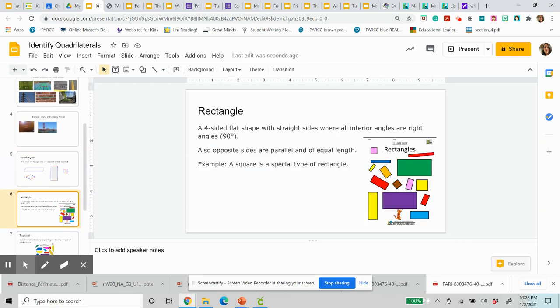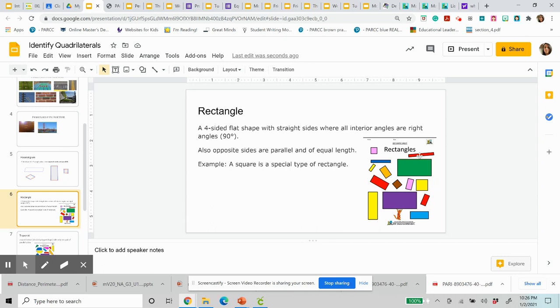Then you have a rectangle. Four-sided shape. We've talked about this. Opposite sides are parallel and equal length. So I just gave you a whole bunch of examples of what a rectangle looks like. But that's pretty basic. That's not, I think, a shape that you're going to struggle with.